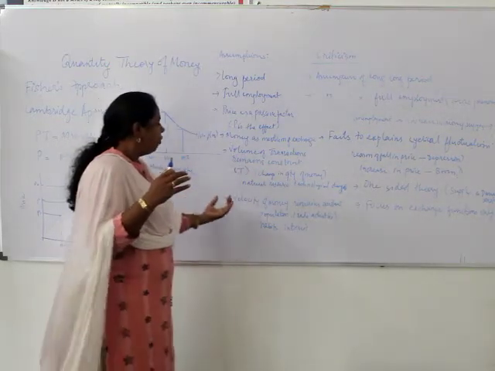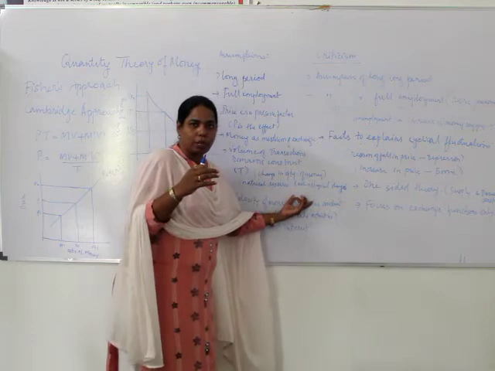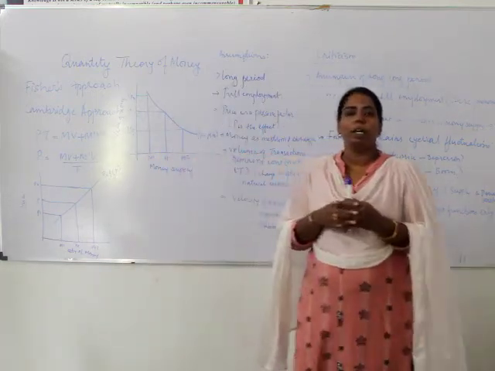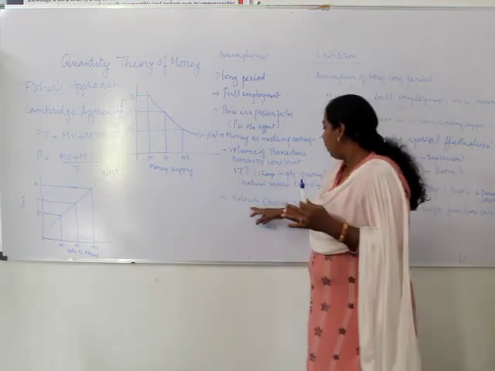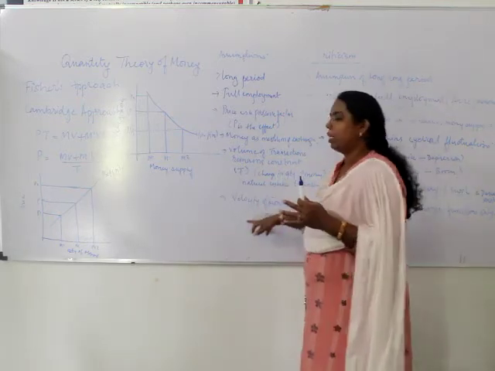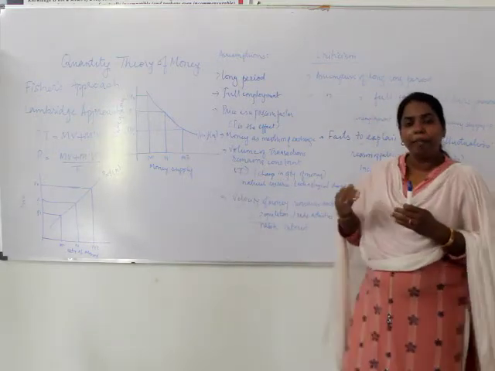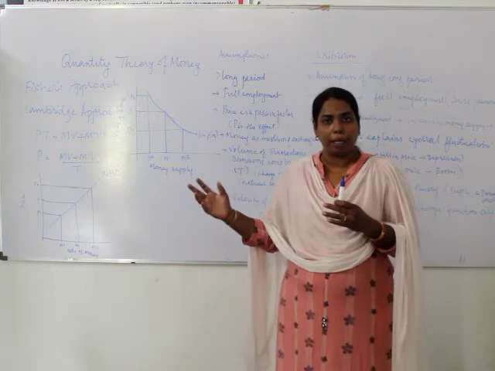Similarly, the velocity of money remains constant. Again here, the basic assumption of the theory is that the velocity of money will not be affected by the supply of money.